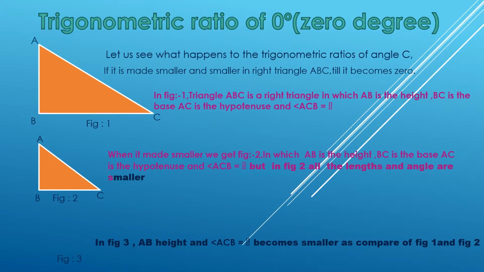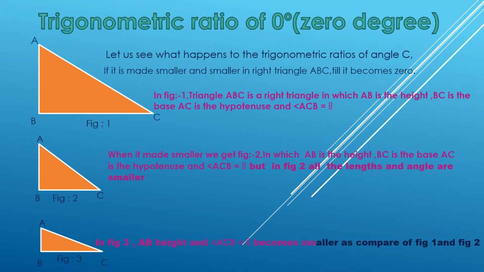Now in figure 3, ABC is a right triangle in which AB is the height, BC is the base and AC is the hypotenuse, in which angle ACB is theta.